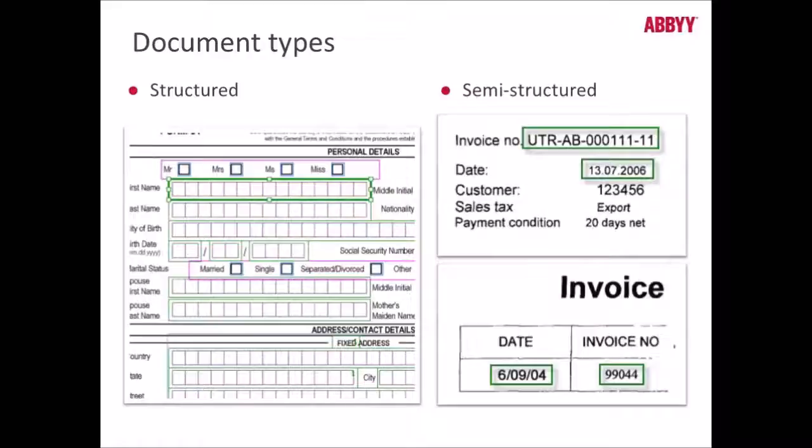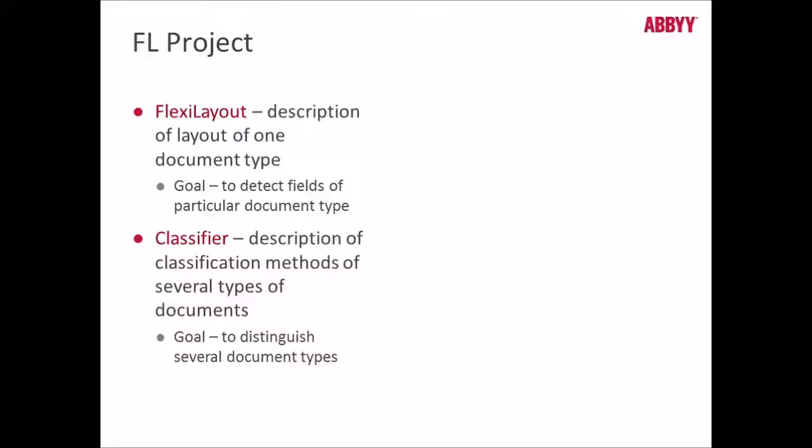So, ABBYY's FlexiLayout technology allows you to create a formalized description which tells the data capture program how and where to find particular fields. To create a FlexiLayout in ABBYY FlexiLayout Studio, first we need to create a project. Technically, a project is a set of files related to one particular FlexiLayout.